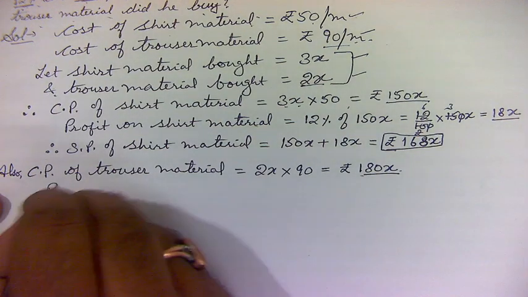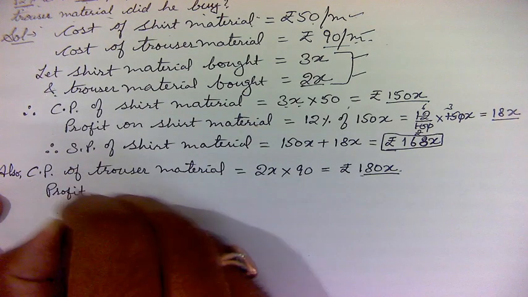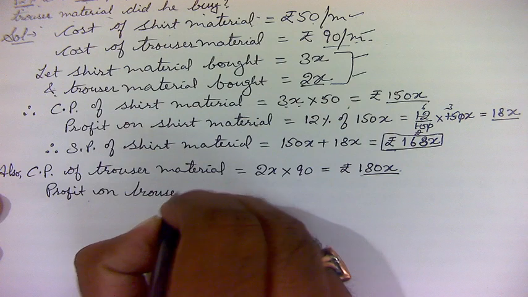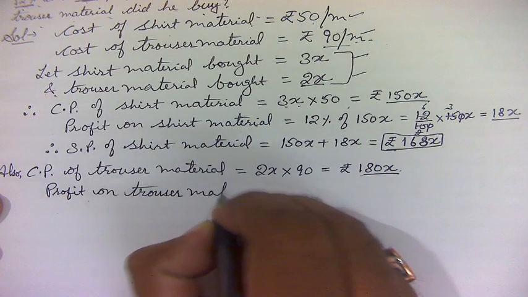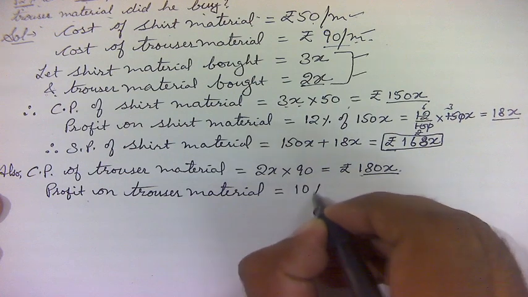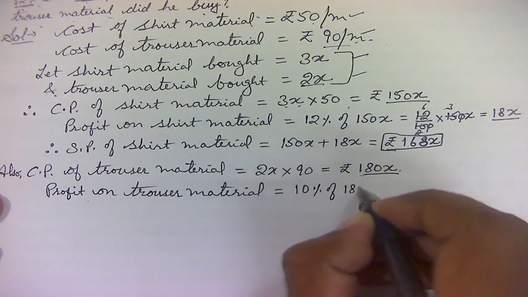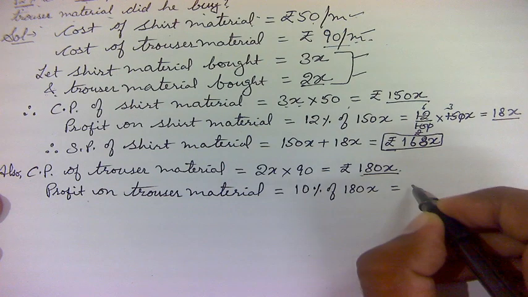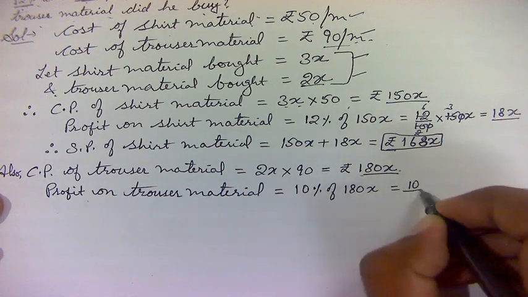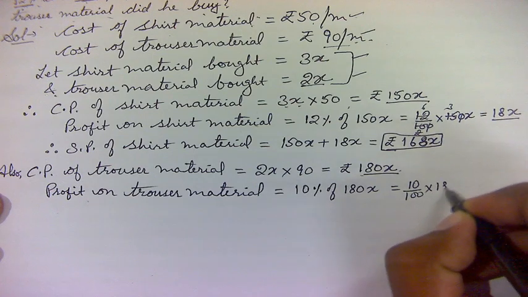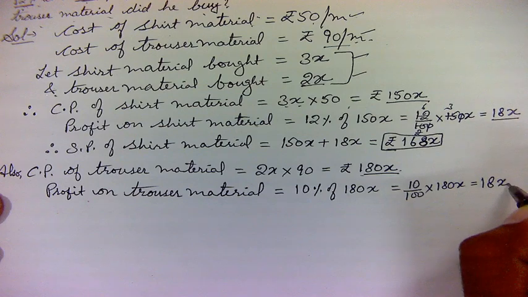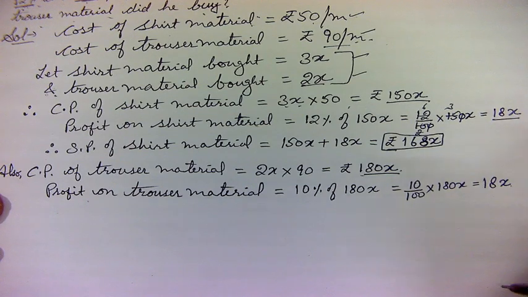And the profit on trouser material is 10%. So 10% of 180x is 10 upon 100 multiply 180x, and if you simplify this, again you get 18x.